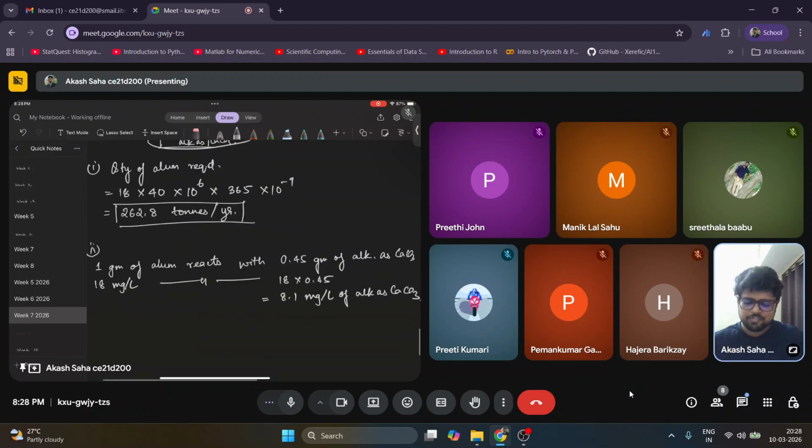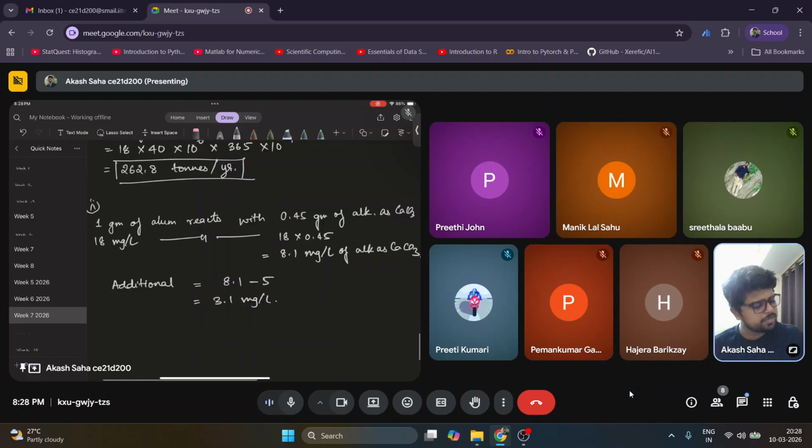Now 5 milligram per liter is already there. So the additional requirement will be 8.1 minus 5, so 3.1 milligram per liter. That much we have to add as CaO. So what happens when we add CaO with water? It will give Ca(OH)2, and it will again give some CaCO3.